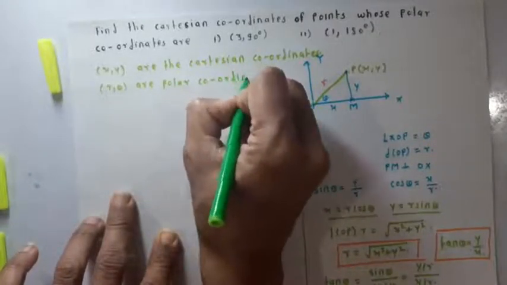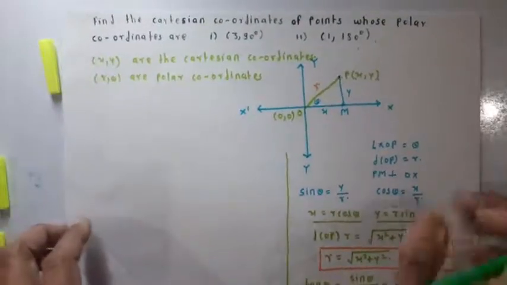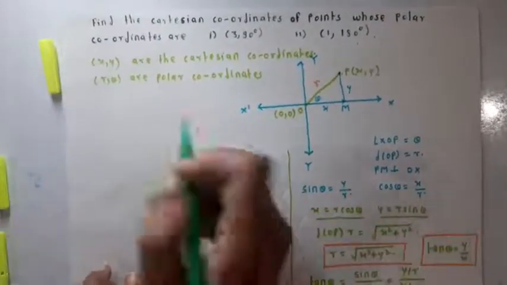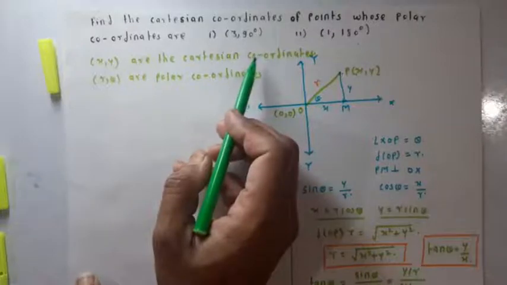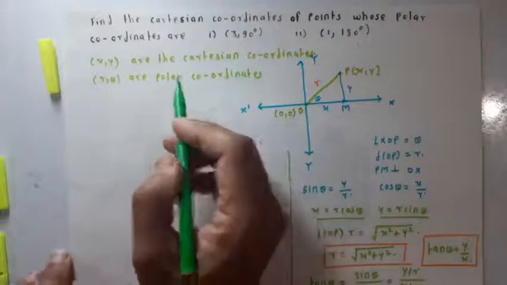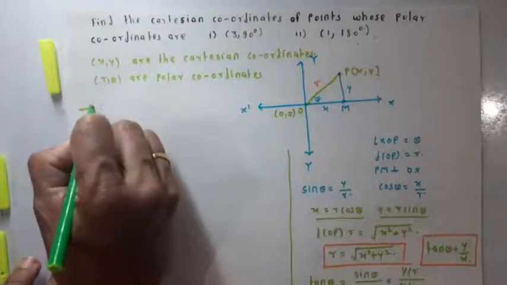Please remember, these are the Cartesian coordinates and these are the polar coordinates. Now let us solve the example.